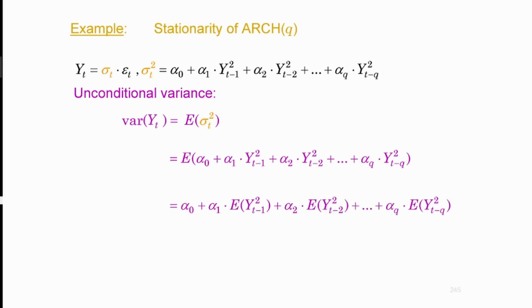That's not difficult, by the way. And the expectation of the squares are equal to their corresponding variances, respectively. Why? Because the unconditional means are 0. So the mean of the squares is equal to the variance of the process. These are theoretical variances, by the way, not empirical ones. I was complaining a few days ago about that.